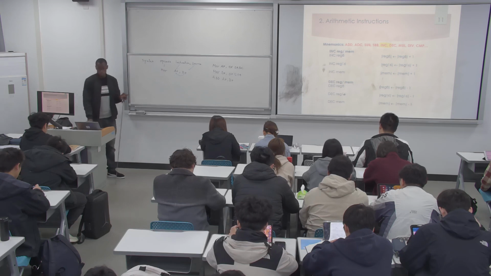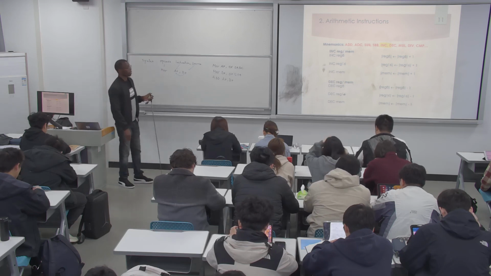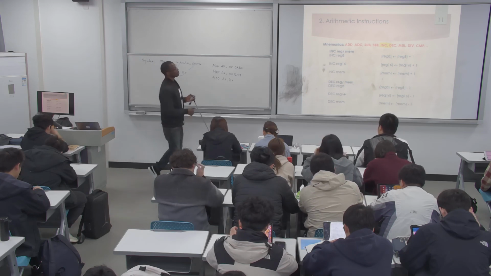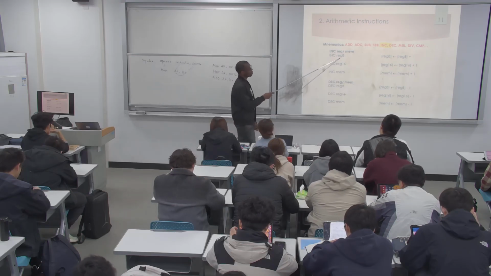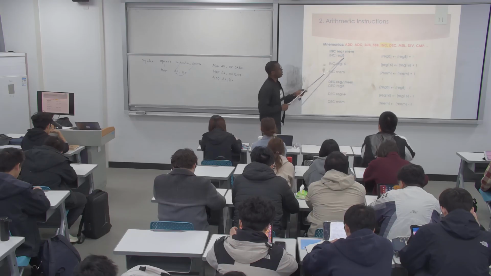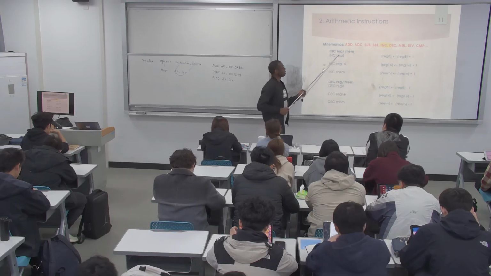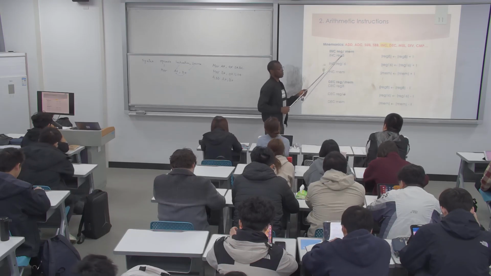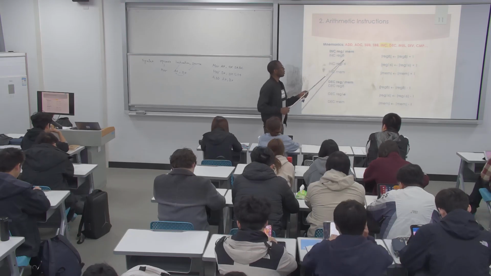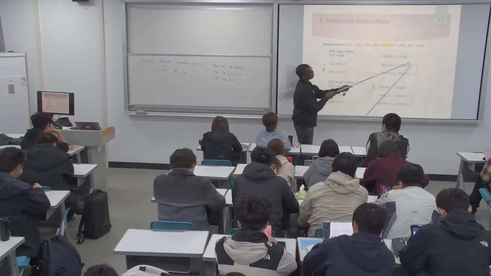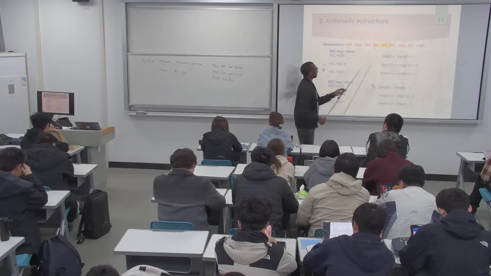We have increment or decrement. This means that we increment the content in the register by 1. This is a register, an 8-bit register, lower byte or high byte. We need to increment this content by 1.